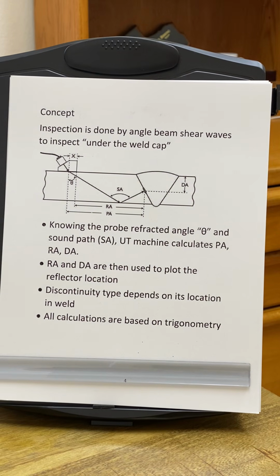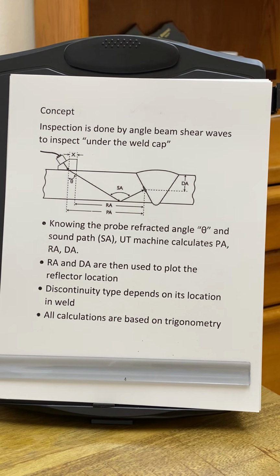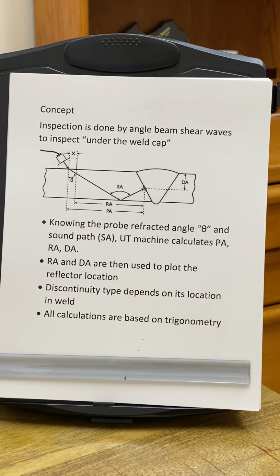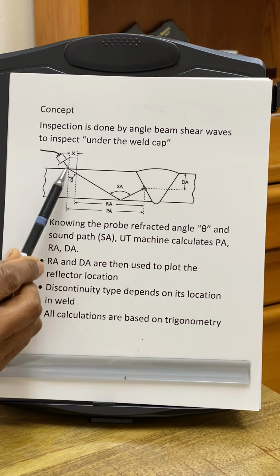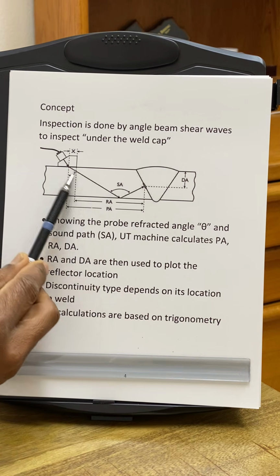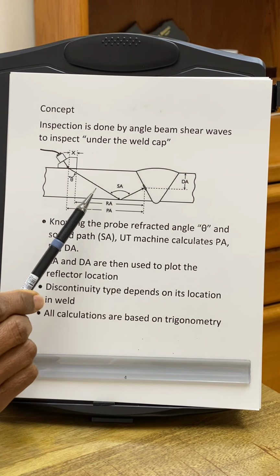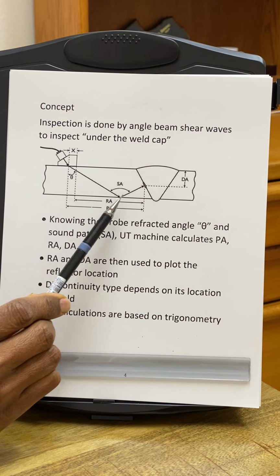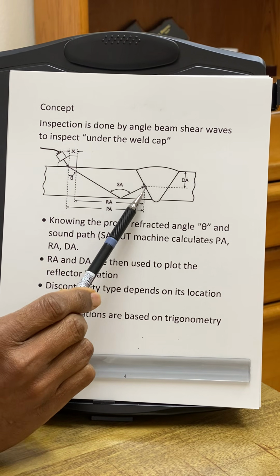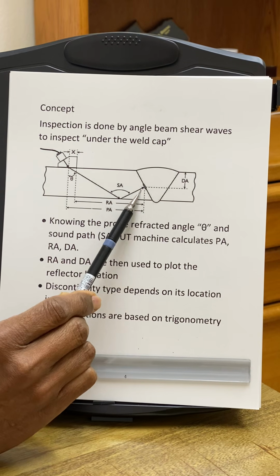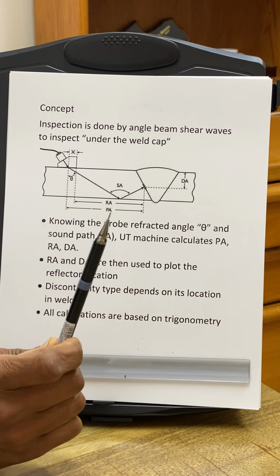So the concept of inspection is here. Inspection is done by angle beam shear waves to inspect under the weld cap, and this is called the first leg, and this is called the second leg. Here we are doing the inspection in the second leg to look for lack of fusion between the bevel and the weld, which is right here.